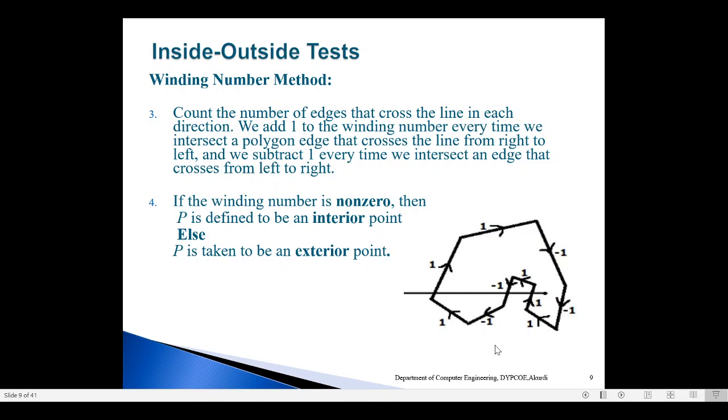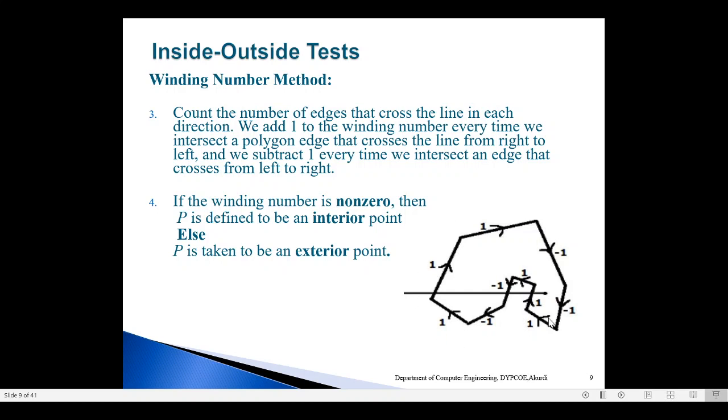Now here you can see there is a clockwise direction to this polygon, and every edge, when we are moving from left to right, or it is upward direction, we have assigned the positive 1. When there is direction from top to bottom, then we have assigned -1. So similarly, we have given here weightage for every edge. So here you can see when there is upward direction or right direction, then weightage is 1, but when there is a downward or left direction, then weightage is -1.